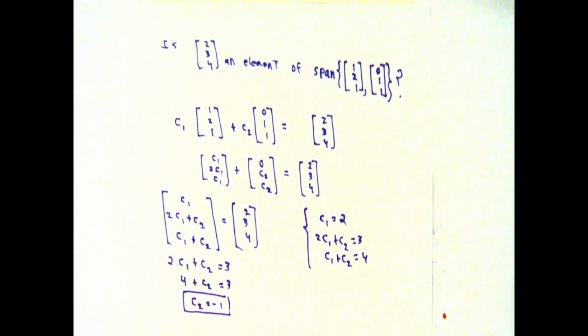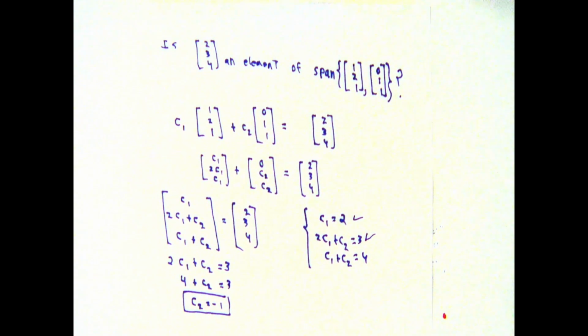Let's see. So let's look at this second equation. 2 times C1 plus C2 must be 3. The first equation tells us C1 is 2, so this term is 2 times 2. 4 plus C2 must be 3. C2 must be -1. If we were naive, we would declare victory and say, you bet, you can do this.